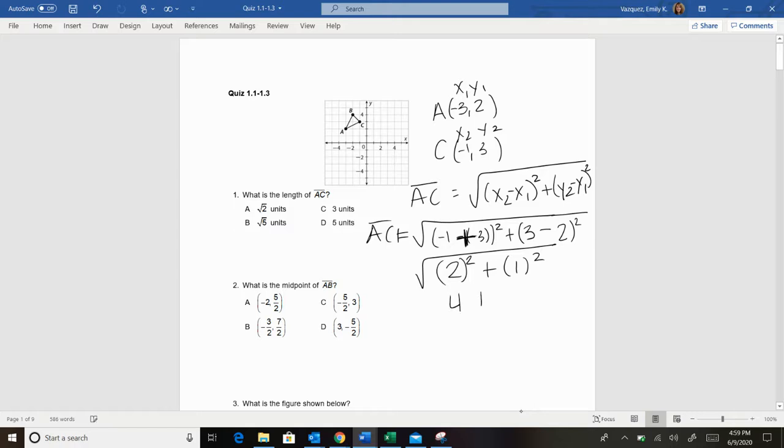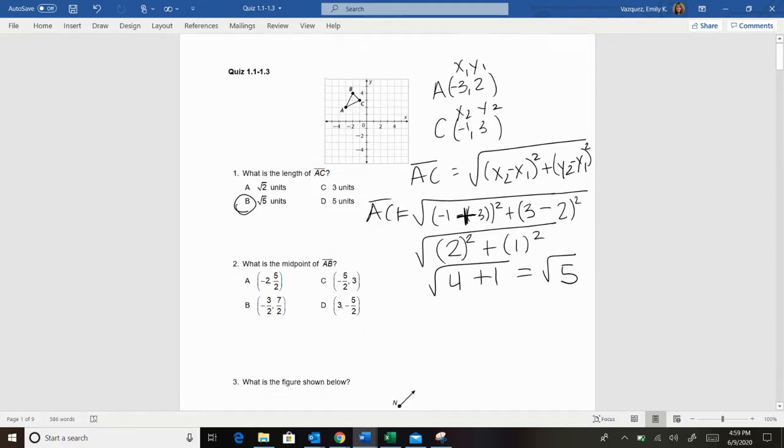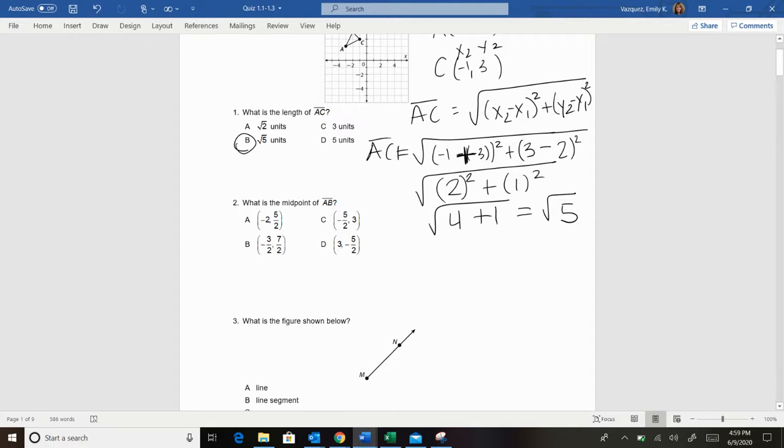So 2 squared is 4. 4 plus 1 is going to give me square root of 5. So B was the correct answer for number 1. Now, if these are out of order a little bit, sometimes it shuffles the multiple choice answers. So don't pay attention to it being B so much as square root of 5, okay?